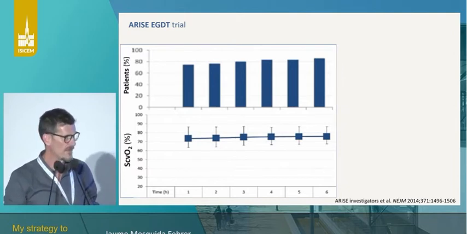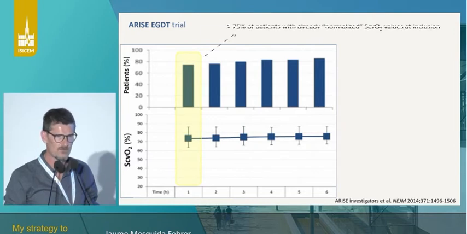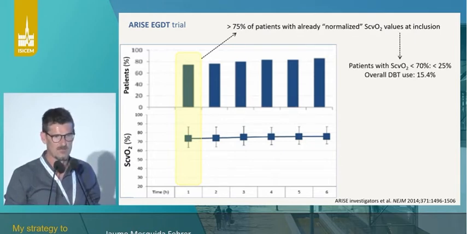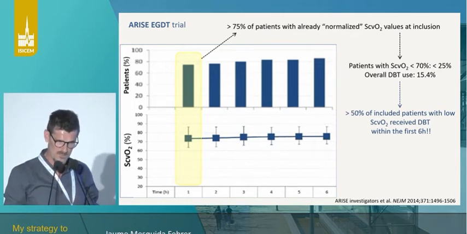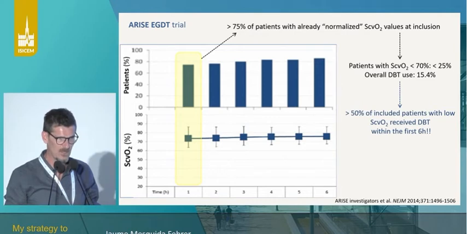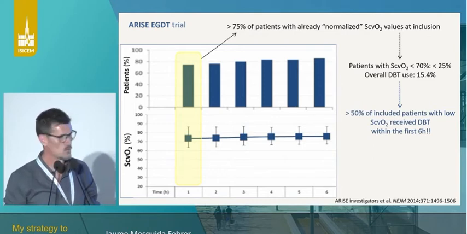That data shows that above 70% of the patients at inclusion already had normalized ScvO2. Taking that into account, if we do some maths, less than 25% of patients had low ScvO2, and if the overall dobutamine use was 15%, that would mean more than half of the patients in the protocol with low ScvO2 received dobutamine. I think that's a lot. That's not my usual practice.